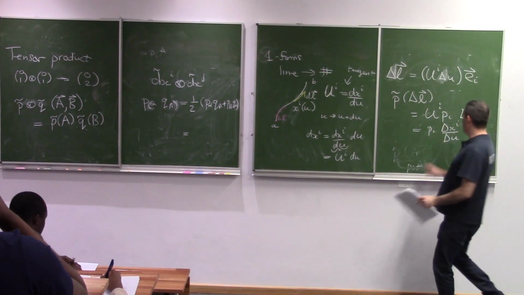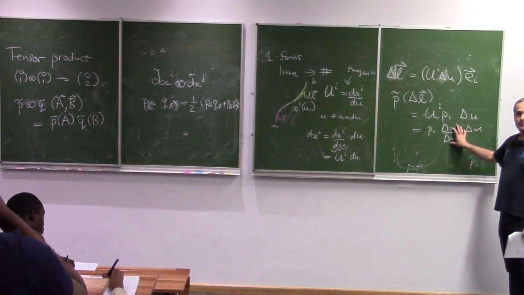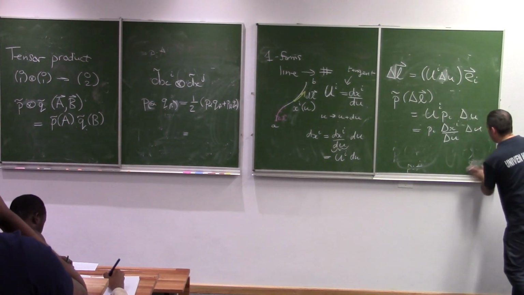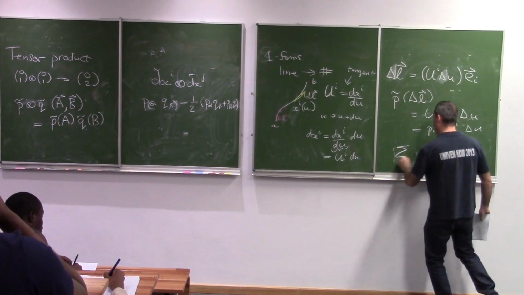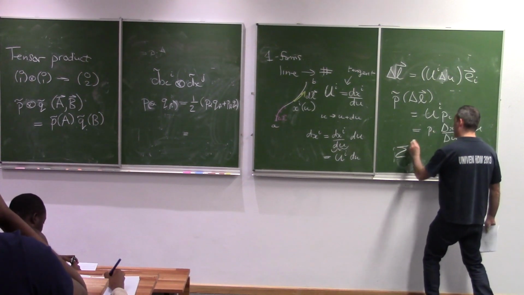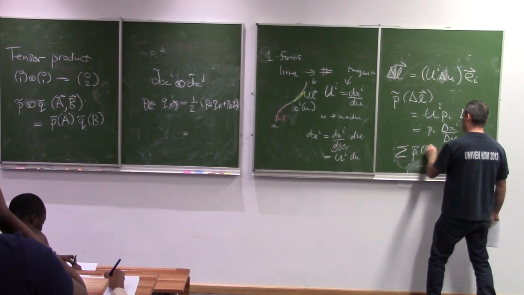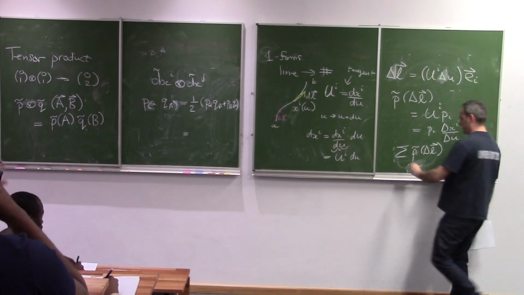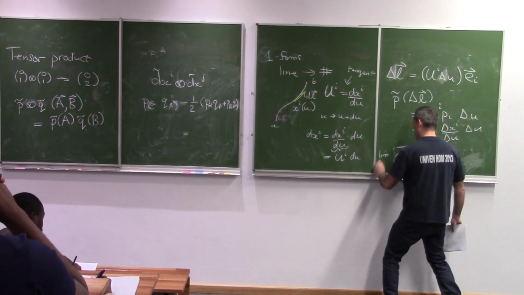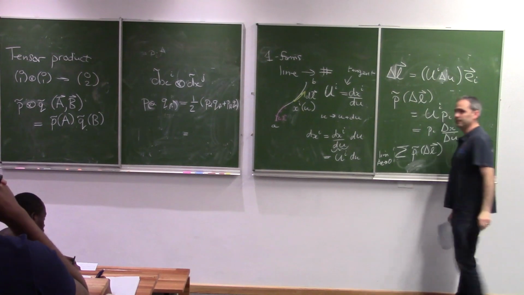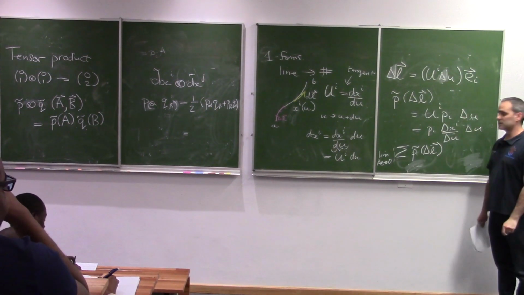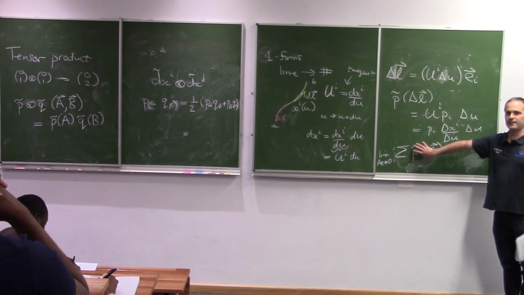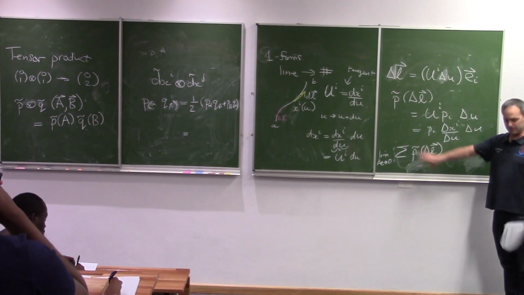Then I can take all these numbers and just add them up, and that'll give me some sum. So I can sum up these delta L's along my curve, and then I'm going to take the limit as delta L goes to 0. So instead of finite displacements, I get infinitesimal displacements. And this should remind you of how one defines integrals.